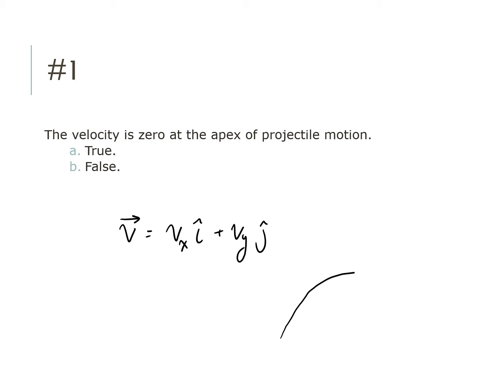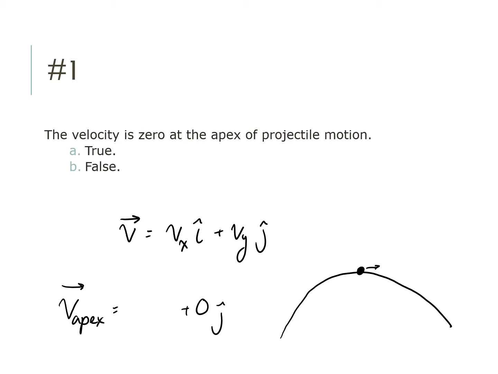So if we look at a general, let's pretend that's a nice smooth parabolic shape, the apex is going to be the highest point. So we are no longer moving up and we are moving downwards. So in the y direction our value is going to be 0 in the j or y direction.